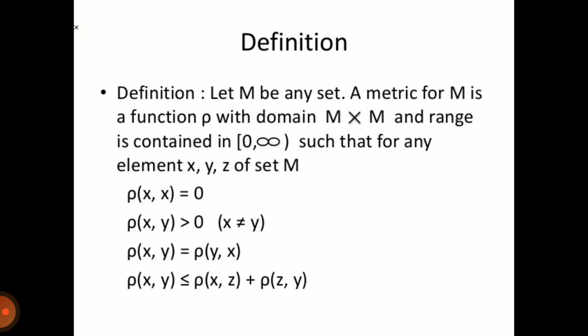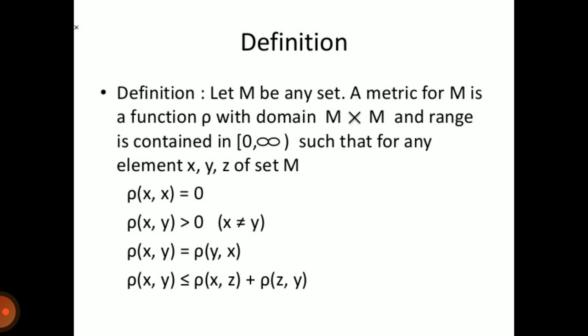Let M be any set, and a metric for M is a function rho with domain M cross M and range contained in the semi-closed interval 0 to infinity, such that for any elements x, y, z of the set M: rho of (x, x) is equal to 0. Second, rho of (x, y) is greater than 0 whenever x is not equal to y.